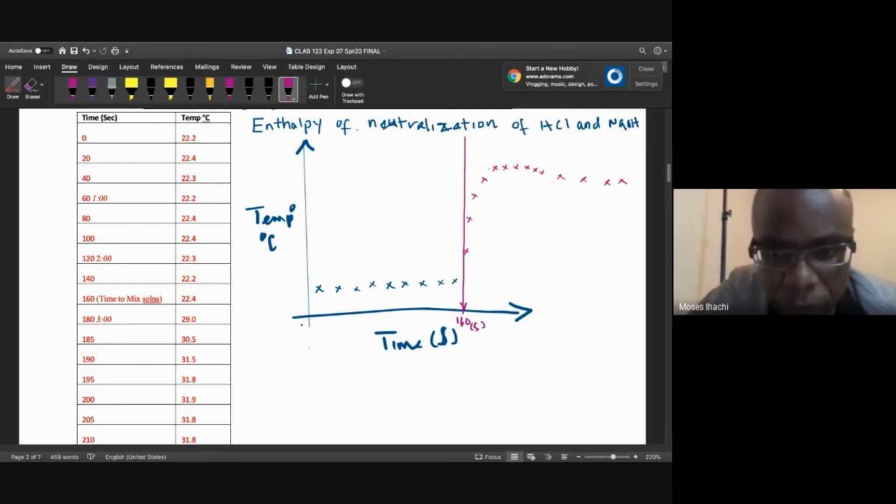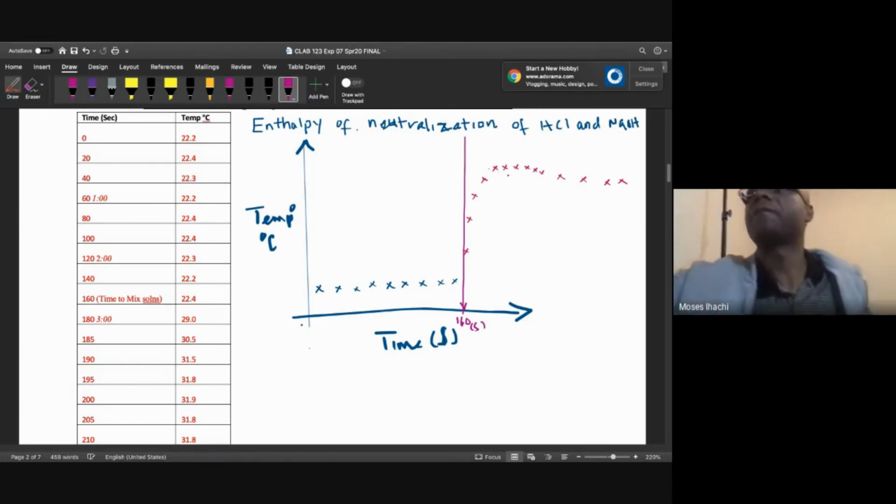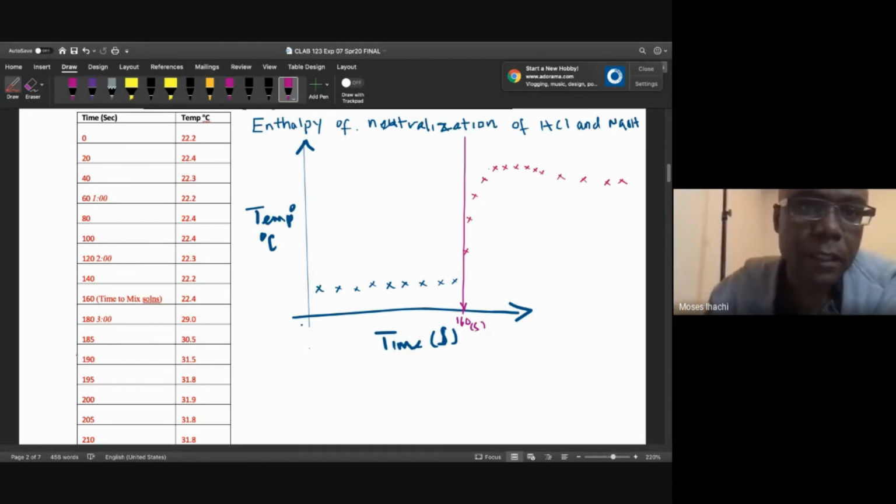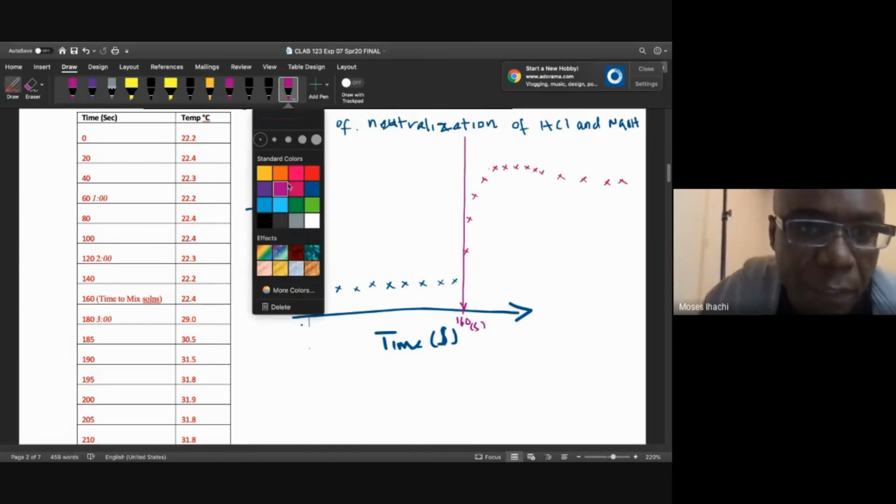Make sure your graph covers as much space as possible in your plotting. And then next you'll need to draw the line of best fit using a ruler.